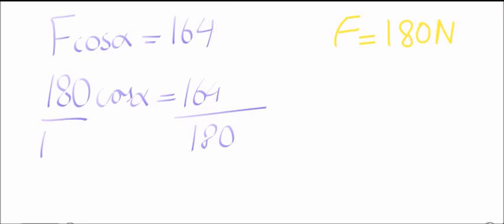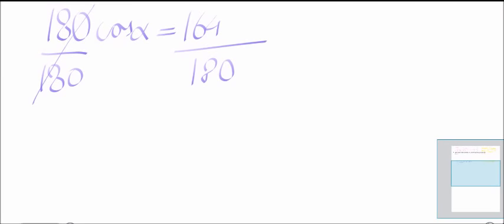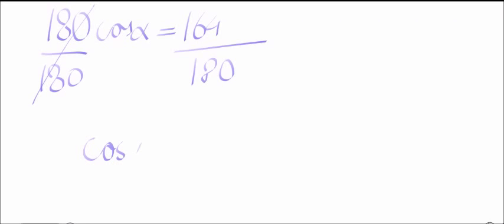Dividing both sides by 180, we have cos alpha equals 164 by 180.